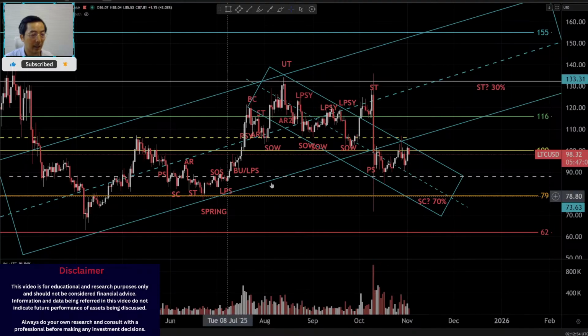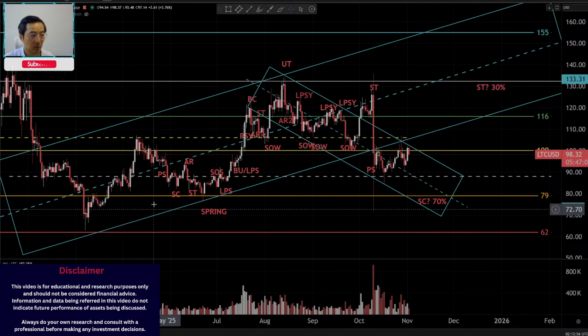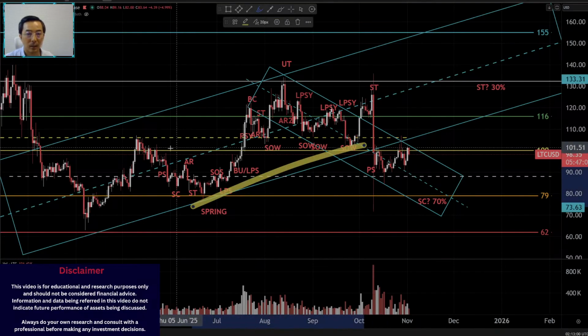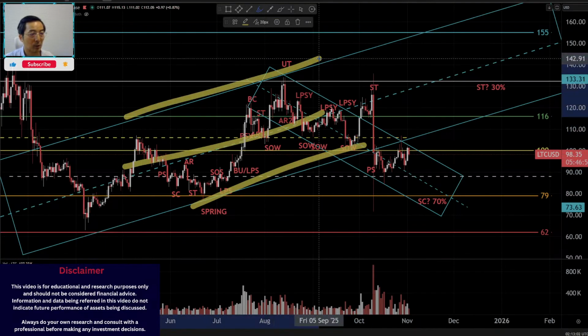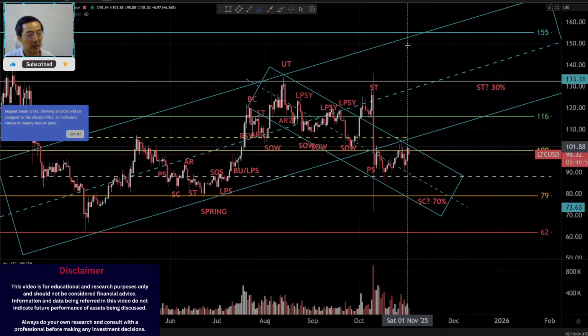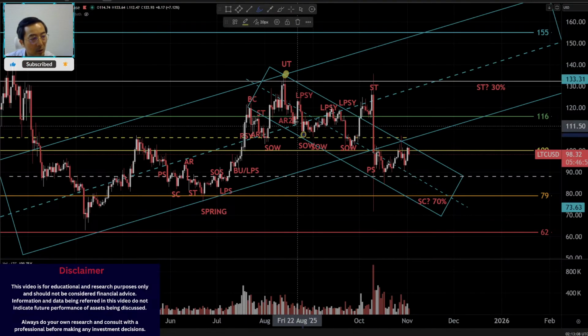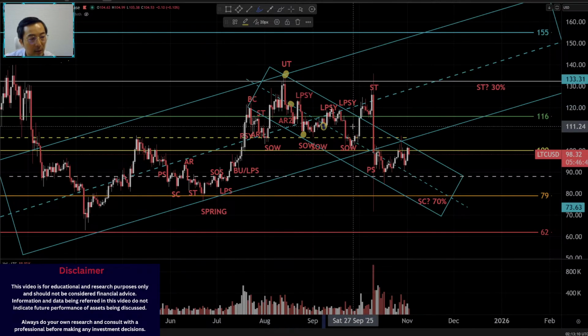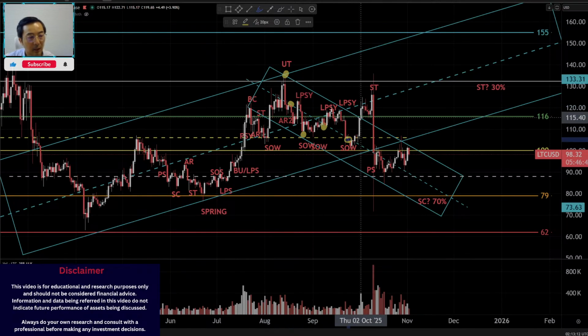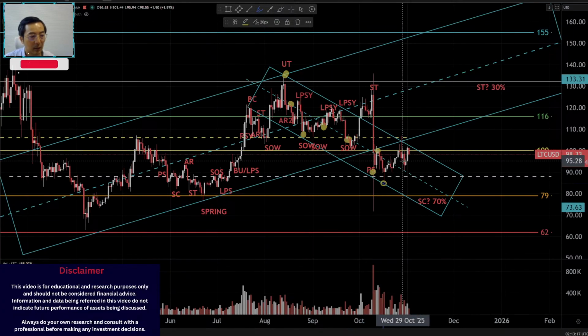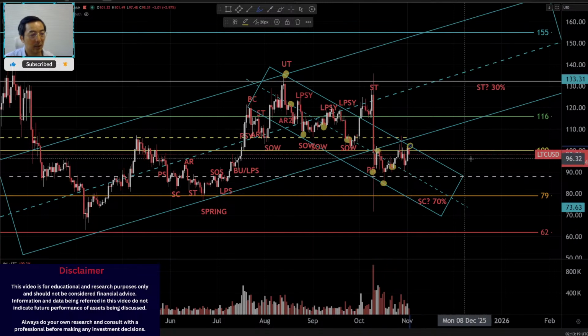So 3 lines of these channel boxes, the bottom, the ceiling, and the center line, are the lines that we have to pay attention to, because the prices will bounce along those areas. Okay, that happens again, and again. All right.